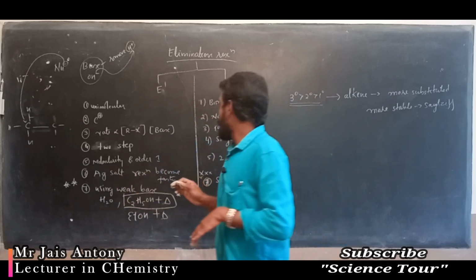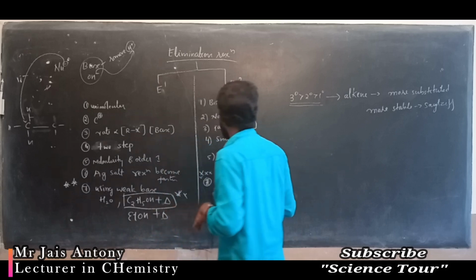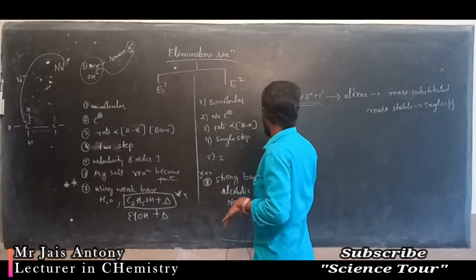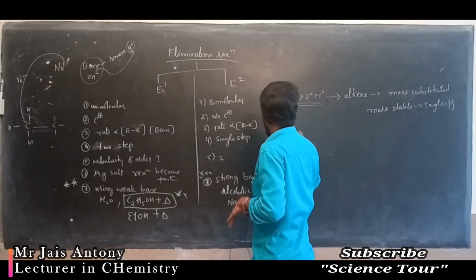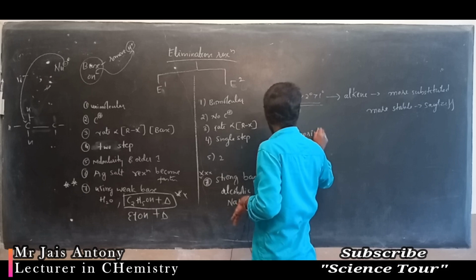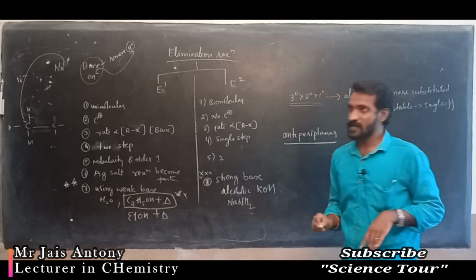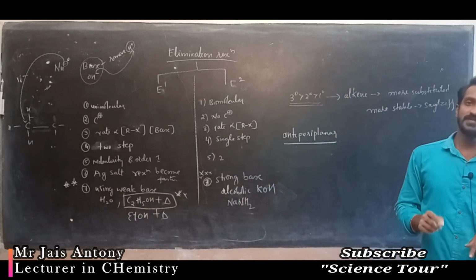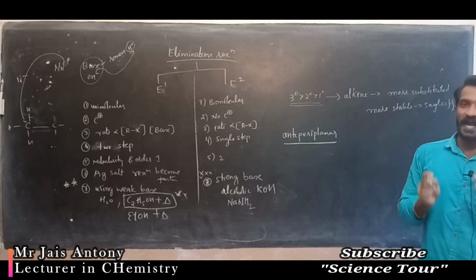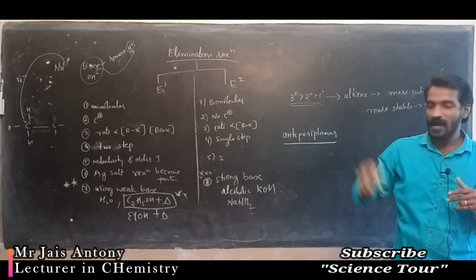Okay. And a very important thing is that for E2 reaction, anti-periplanar structure is required. I will explain what is anti-periplanar. Anti means opposite side. Understood?